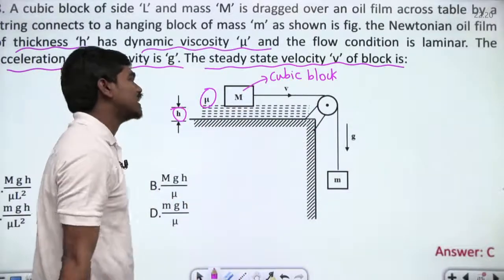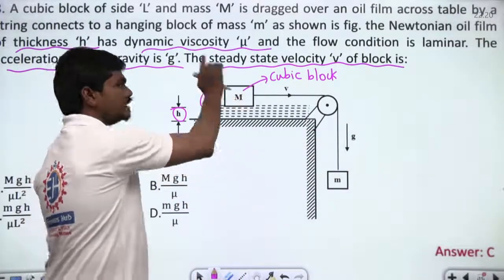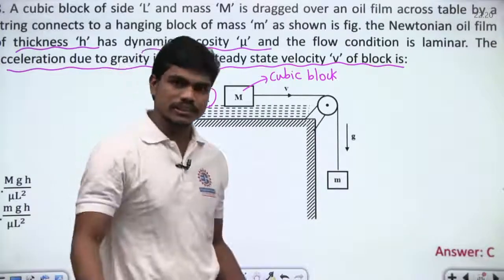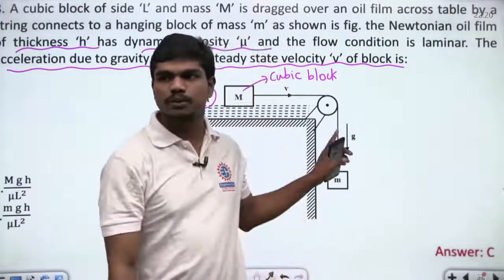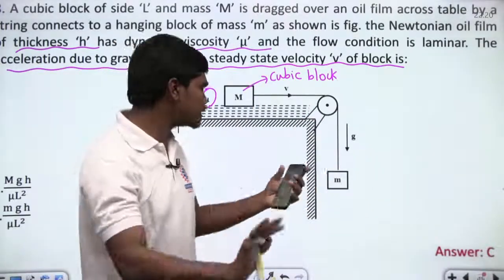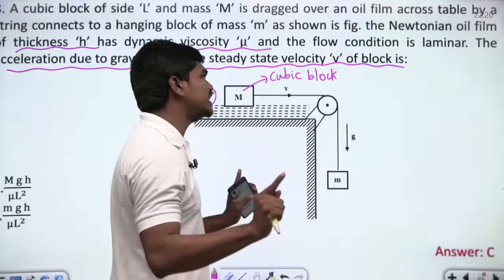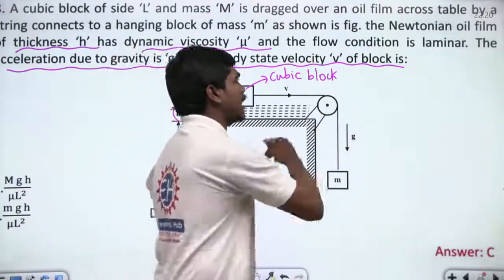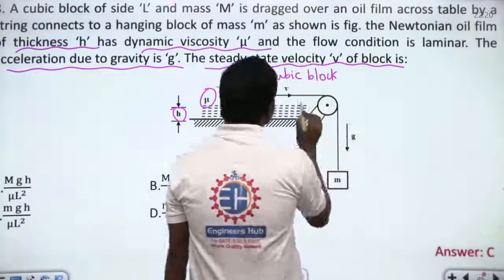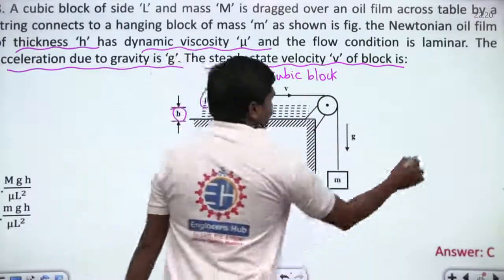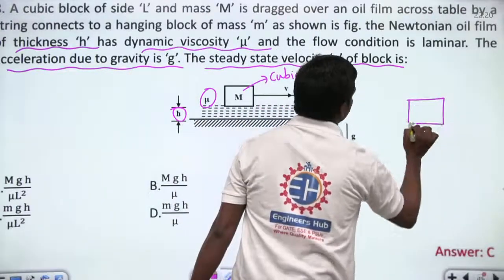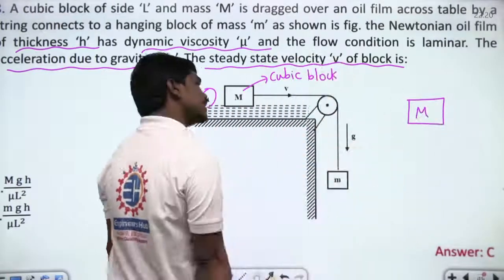What do you mean by steady state velocity? Which means this block here is not suffering any acceleration or deceleration. Correct? This block is moving at steady state velocity. If this is the case, then what do we have? Whenever this block is moving under steady state, let us suppose this is the capital mass M that I am writing here. What are the forces acting on this block?